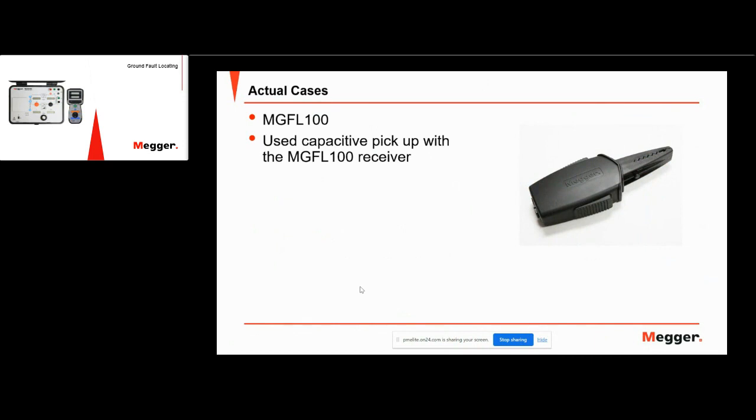Now, to deal with this type of situation, we have developed a patented capacitive pickup clamp. And this actually attaches to the receiver along with the current clamp. With this, we basically placed it on one of the lines in the panel.